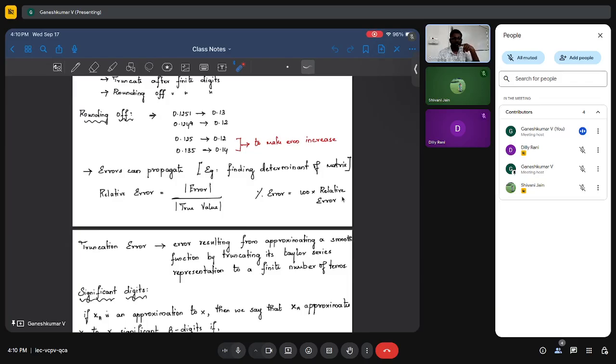But the only problem is if it is exactly 5, then you look at the second decimal place. If it is even, you leave it like that. If it is odd, you make it even. Why this happens only if you have 5 in your third decimal place when you are rounding off to 2 decimal places.